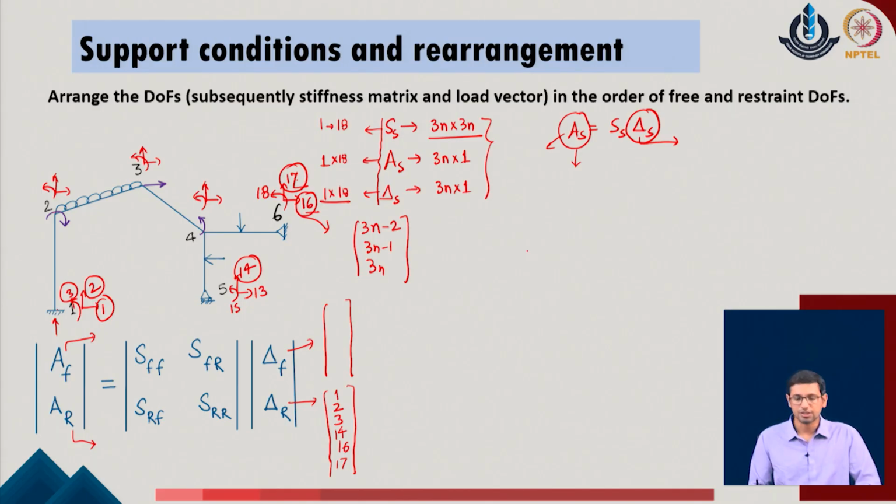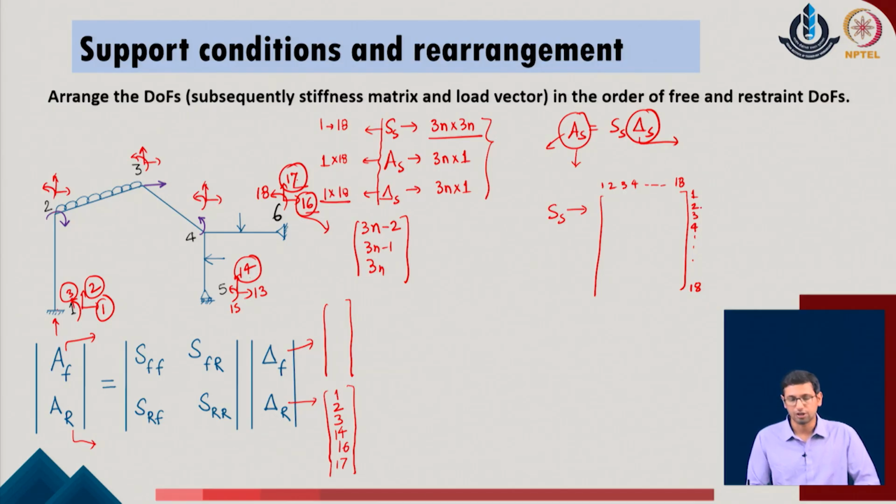So, now the intention is that the S of S as a matrix which was earlier arranged in the order of 1 to 18 in the given problem, with all the rows as well as all the columns of the given system. Now, we need to change the arrangement of that matrix, and we need to bring the arrangement such that I fix the order of the degrees of freedom which are corresponding to the free components and the degrees of freedom which are corresponding to the restrained components of the given system.